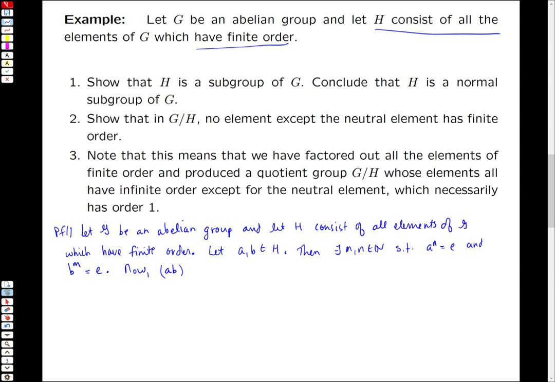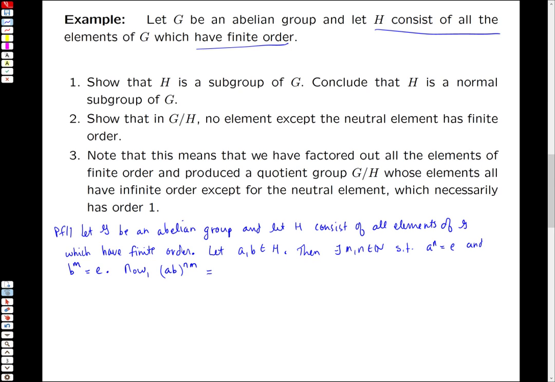So what power do you think I should use for the product here to get down to the identity? I need an N on the A, I need an M on the B. M plus N? How about times? I need them both, right?